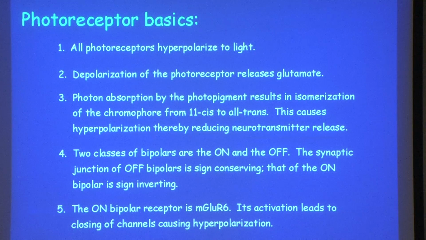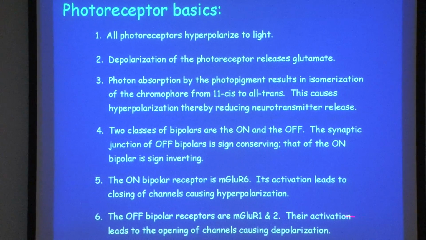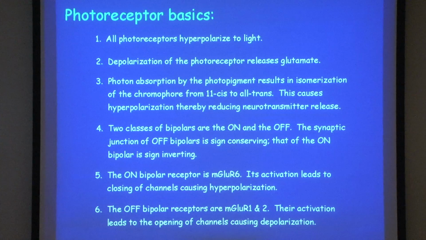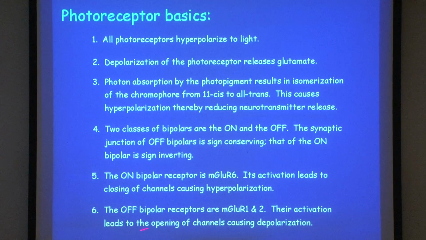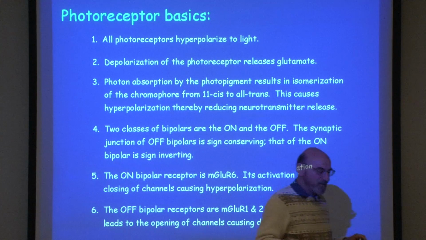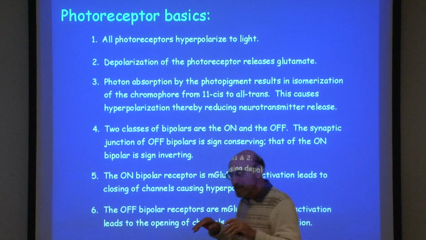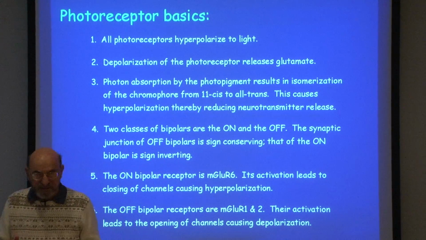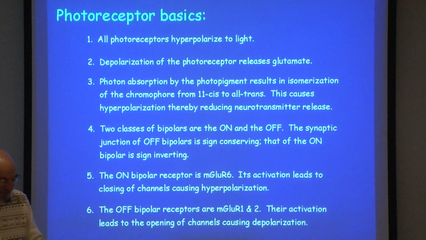And lastly, I should add here also that the off bipolar receptors are mGluR1 and 2, and they follow pretty much the way the photoreceptors respond, which means that their activation leads to the opening of channels causing depolarization. And of course, you all know, but I should restate once more, that when neurons in the retina that have graded potentials depolarize, neurotransmitter is released. When they hyperpolarize, they do not release it. If anything, they stop releasing it.